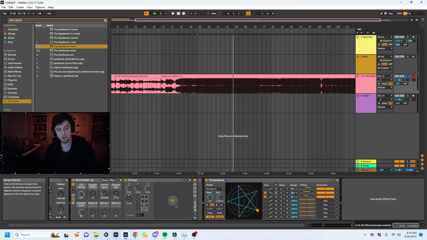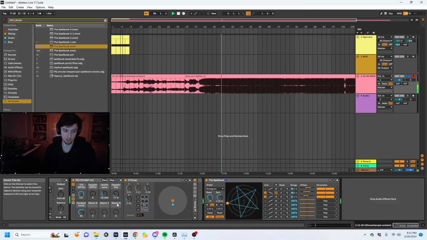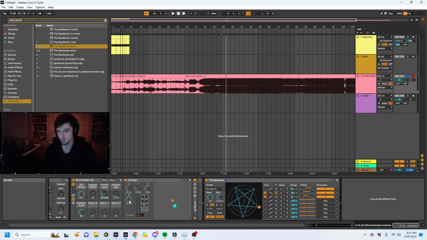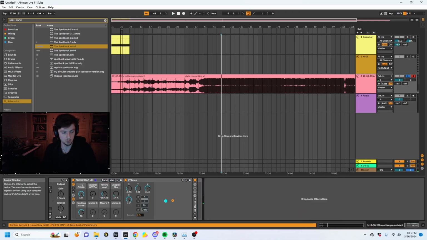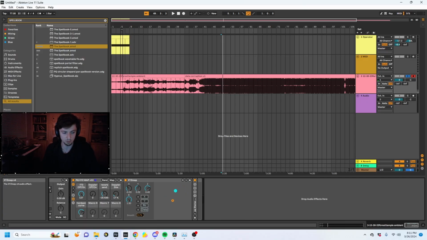Also, this R knob changes the size of the space itself. So if it's cranked all the way, then you're not going to really hear it get far away from you. And then finally, also the smoothing knob, it smooths things out. If you want to comb through this with your mouse, you're going to hear some artifacts based on the mouse movement sending signal through Max MSP. So adding some smoothing prevents that.